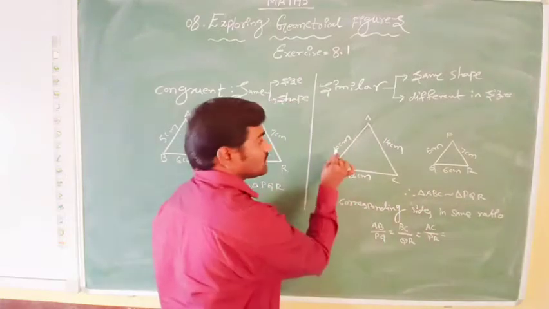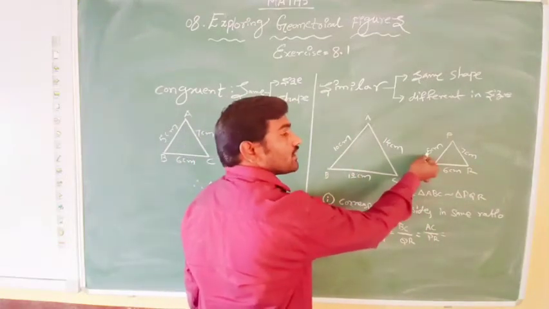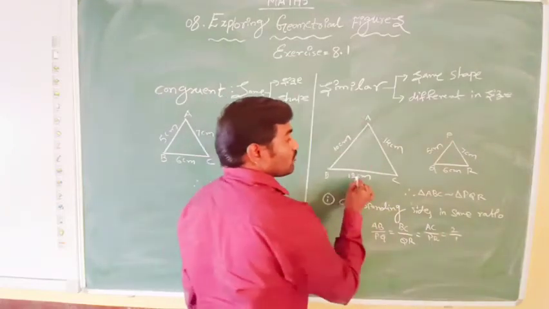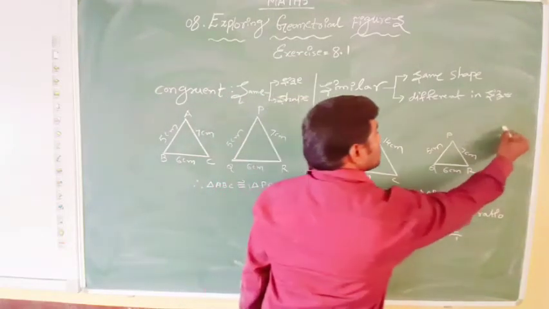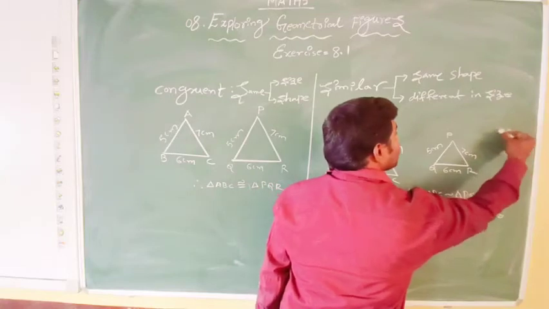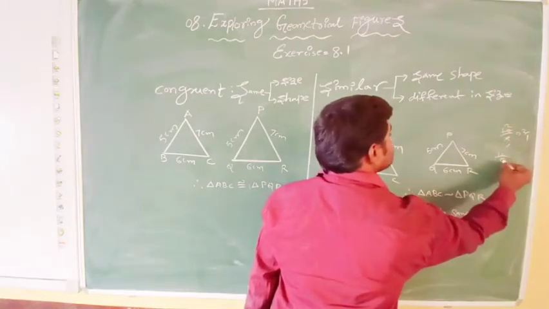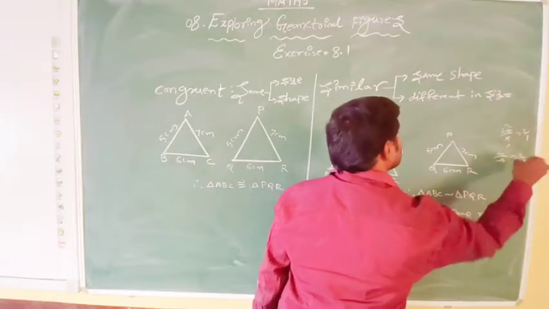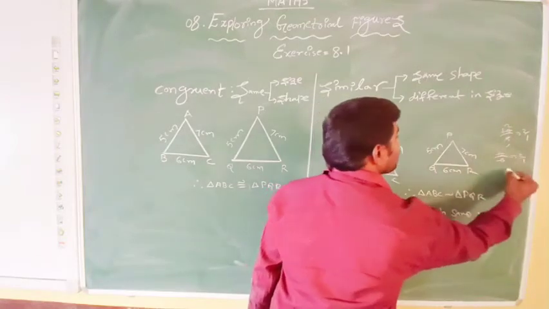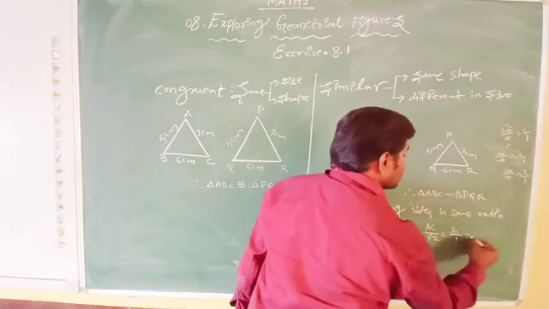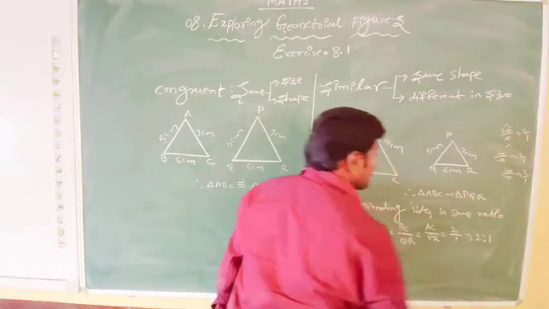Then 10 by 5 gives us 2 by 1, 12 by 6 is also 2 by 1, and 14 by 7 also gives us 2 by 1. The ratio is the same.